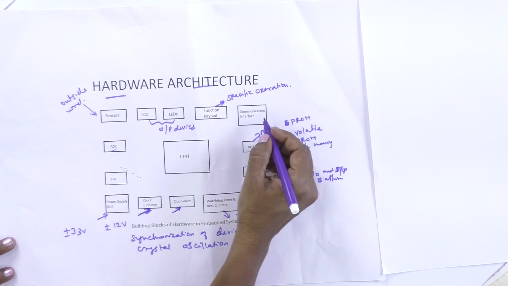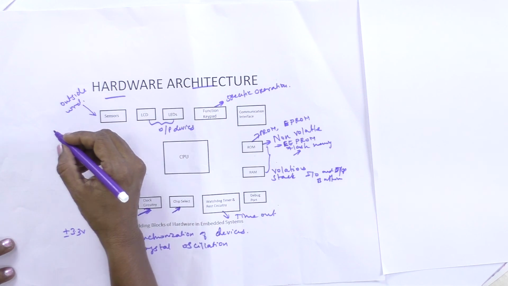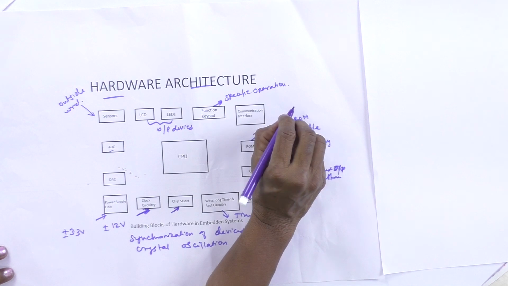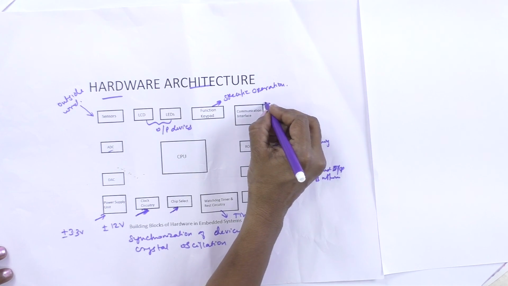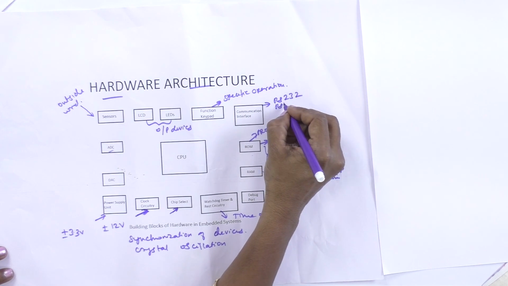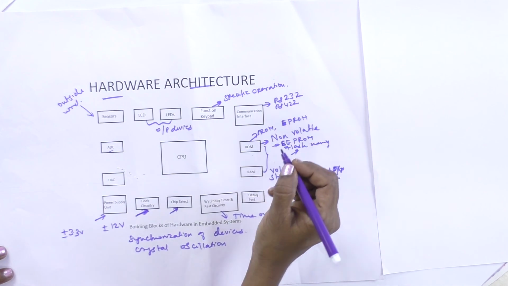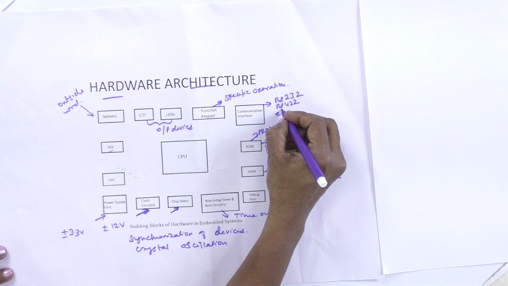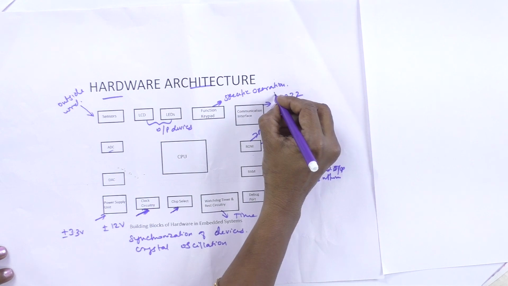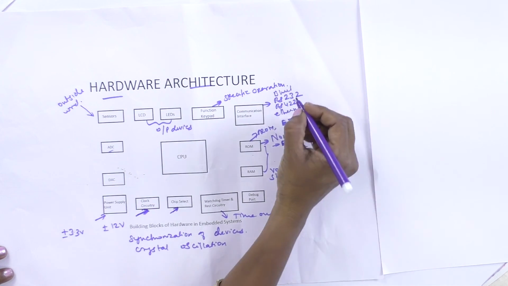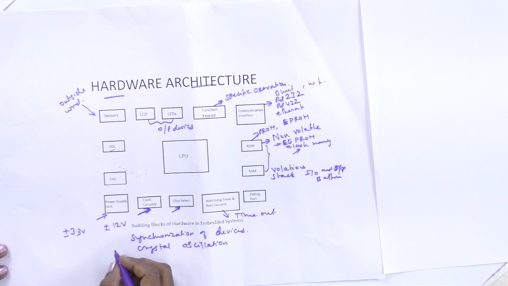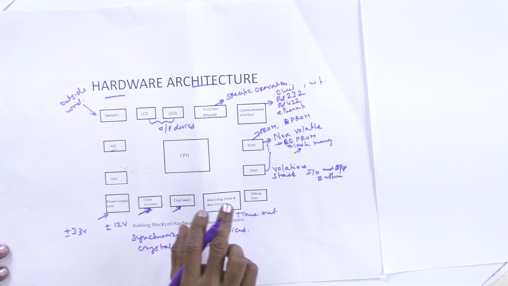The last one is the communication interface. The embedded system communicates with the outside world through the communication interface. There are several communication interfaces such as RS-232, RS-422, Ethernet, Bluetooth, Wi-Fi, etc. So in this session we have seen the hardware architecture of the embedded system.